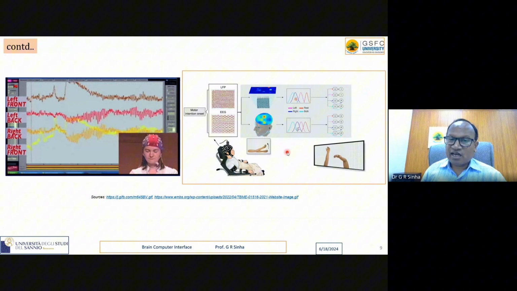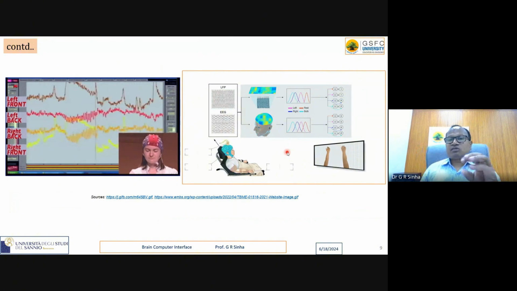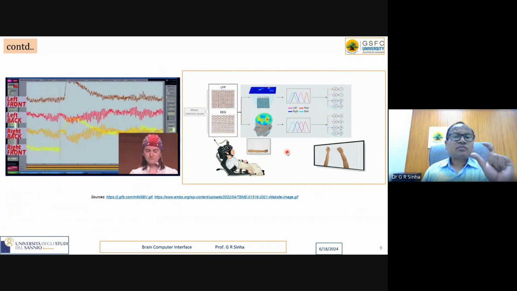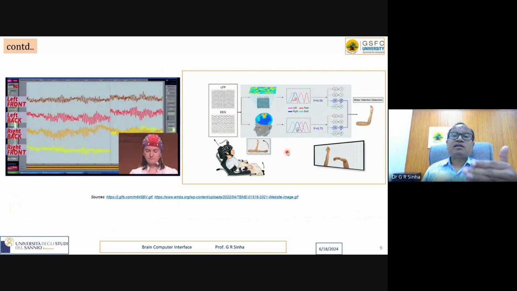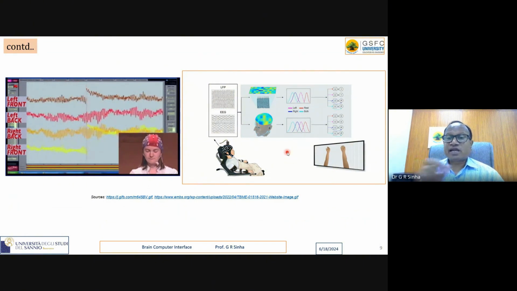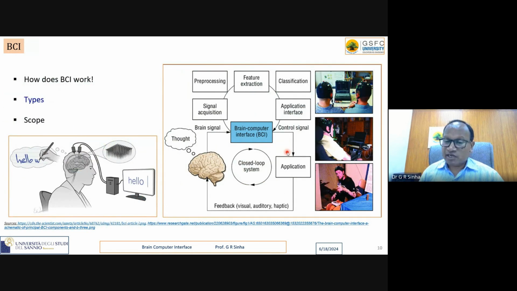So till now, in this particular lecture, we have started discussing brain computer interface, but we just discussed the brain signal before we actually discuss the brain computer interface. Now we'll start our discussion with the brain computer interface.